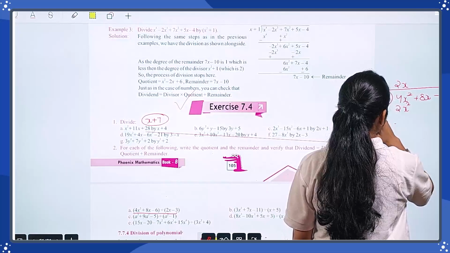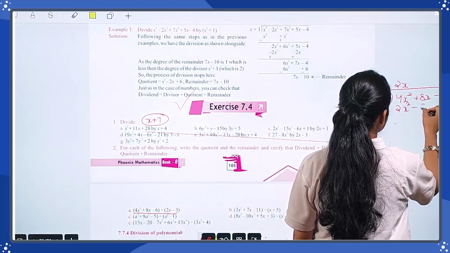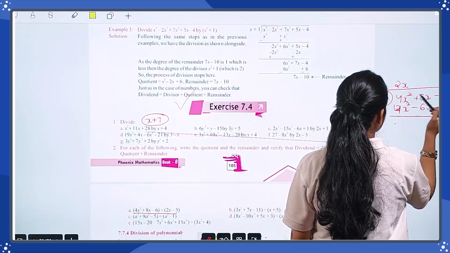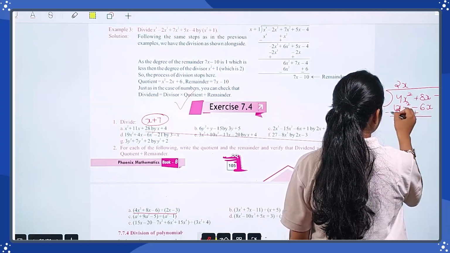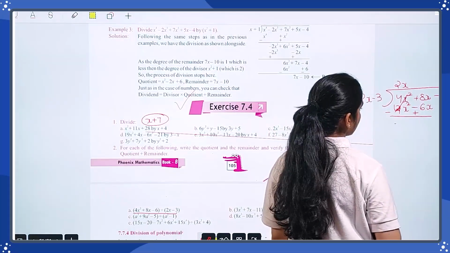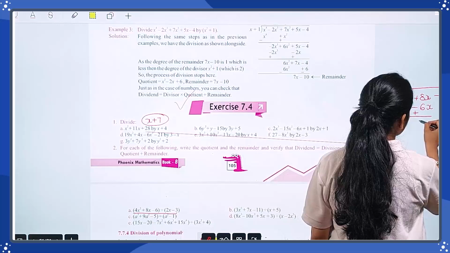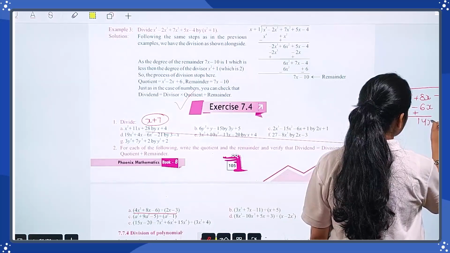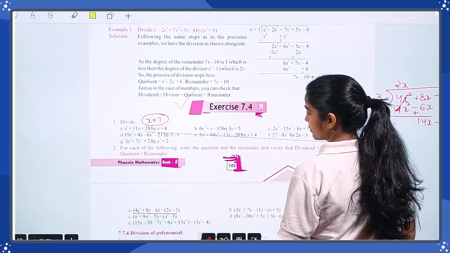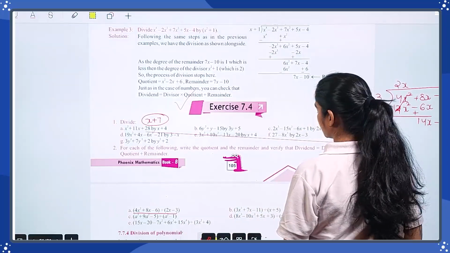If I take 2x square, here we have 6x, plus minus, 14x minus 6. In this case we have a remainder left. For each of the following, write the quotient and the remainder.